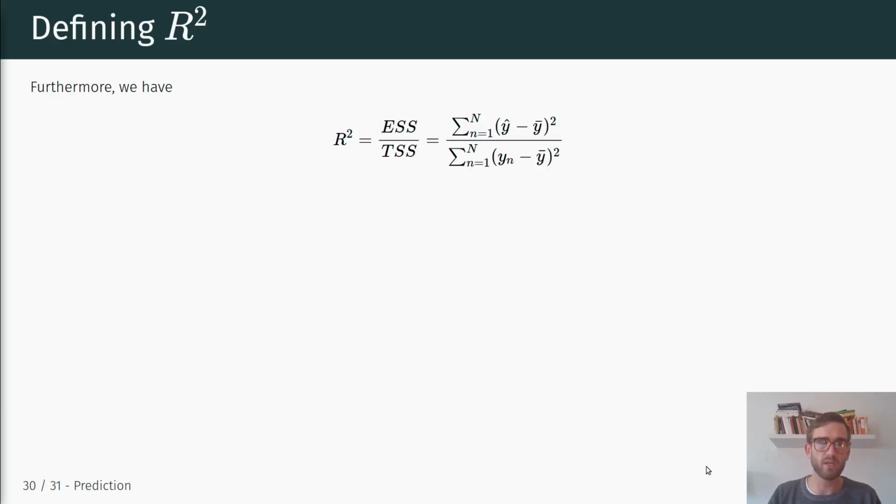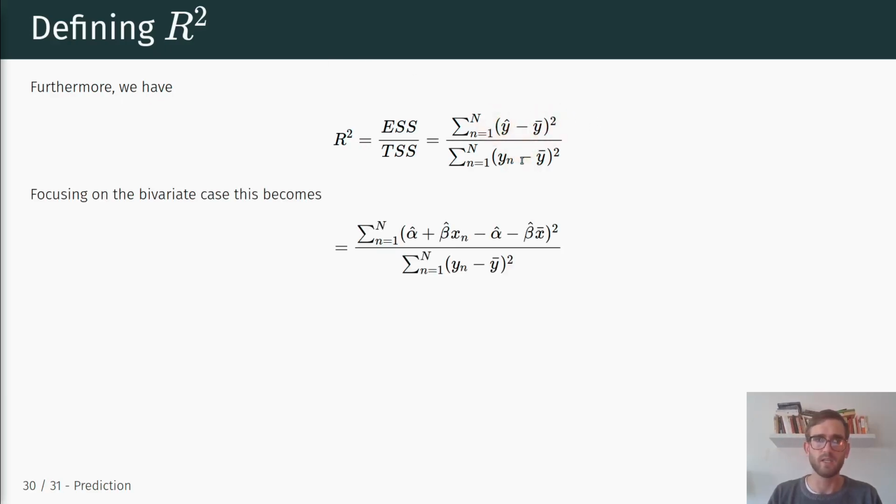Furthermore, when we look at the explained sum of squares, we can define R squared as the explained sum of squares divided by the total sum of squares. If we plug in the explained sum of squares up here and the total sum of squares, we can also plug in alpha hat plus beta hat xn for our y hat in the numerator.